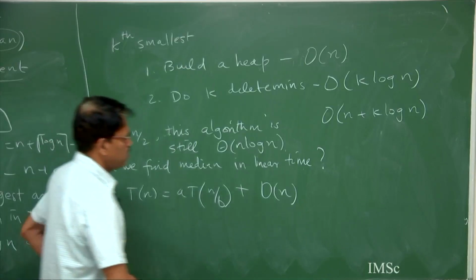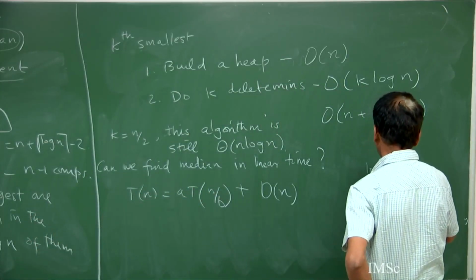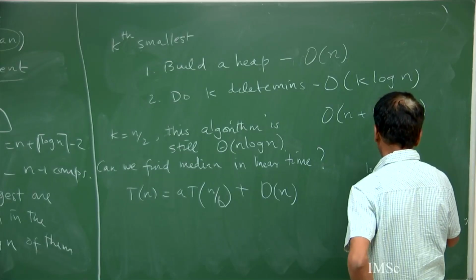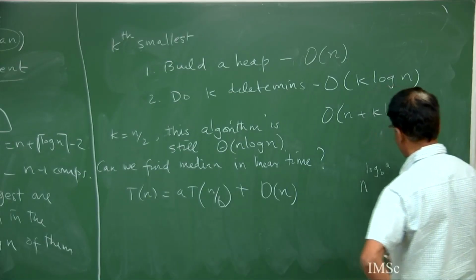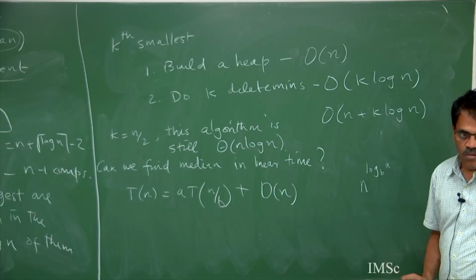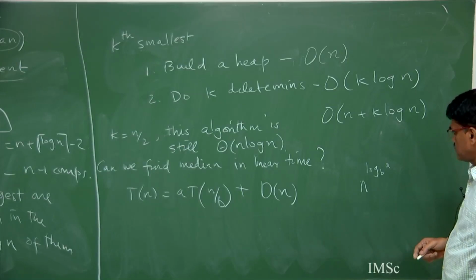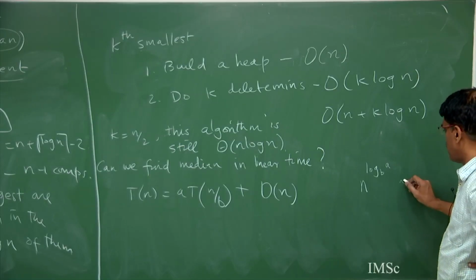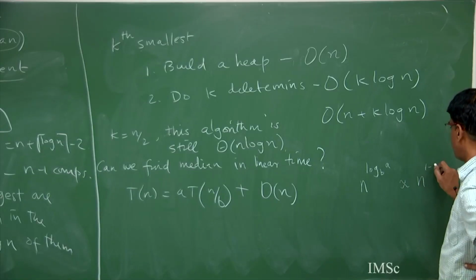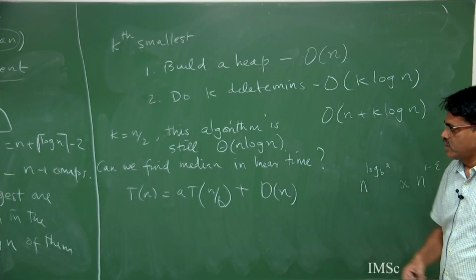So, what do I want? I want n power log a to the base b to be n power 1 minus epsilon or something. Then only this term would dominate.